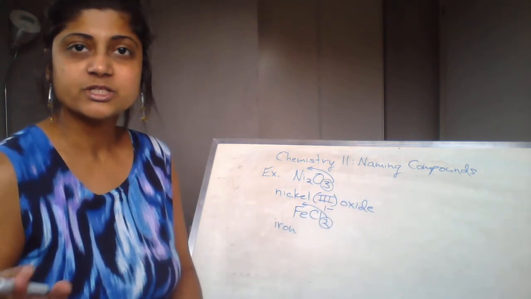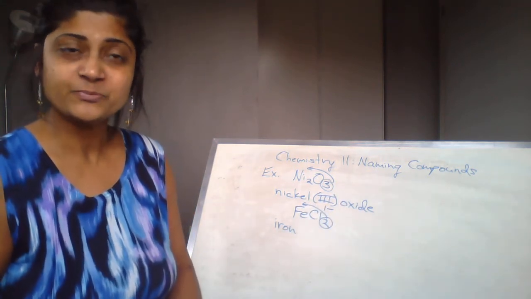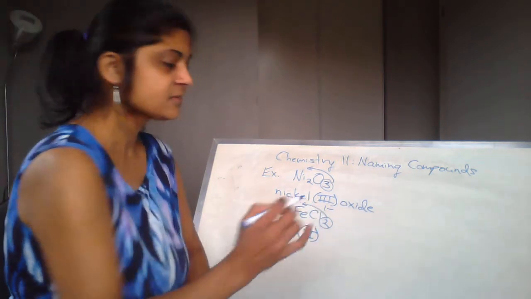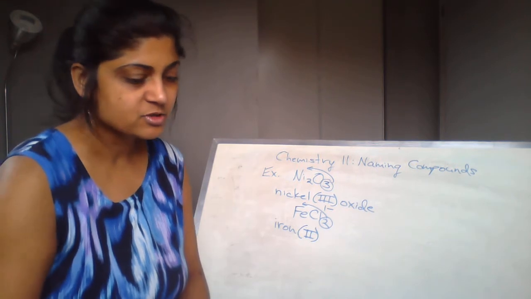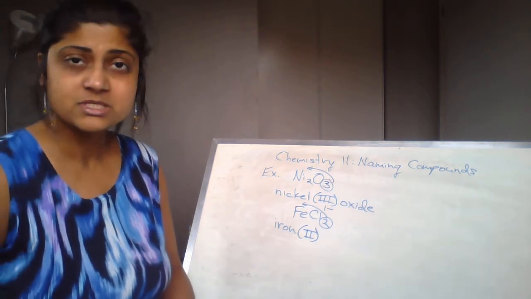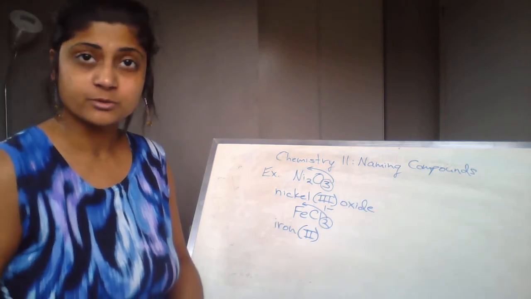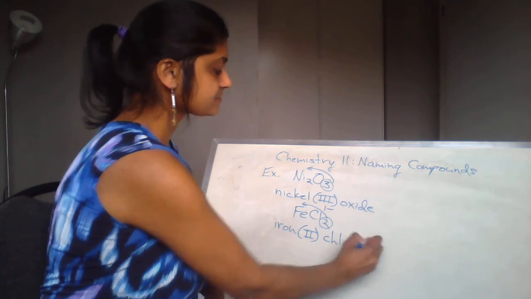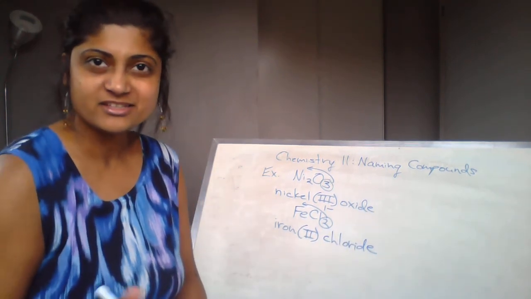That 1- actually goes between the Fe and the Cl. But in this case, we're only concerned about iron. So in brackets, you have to actually use the Roman numerals. This is the IUPAC name and how you name the compounds. So it's going to be iron 2 and then chloride. Does everyone see that? Just like this.